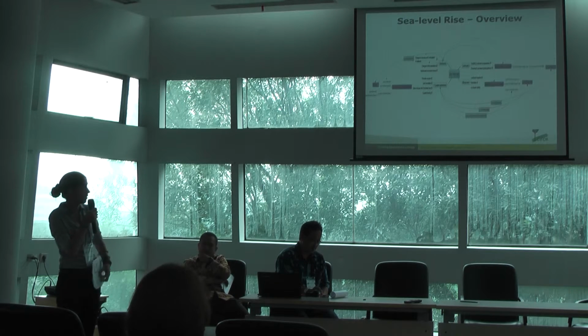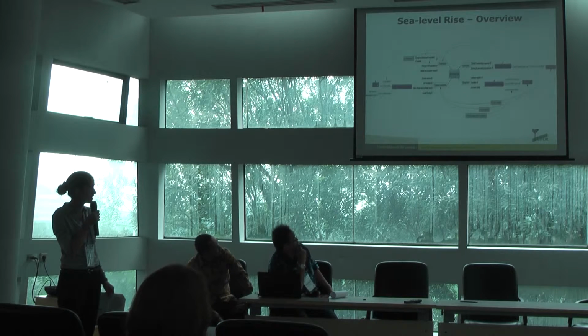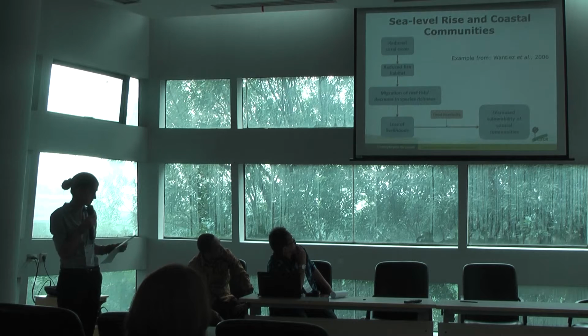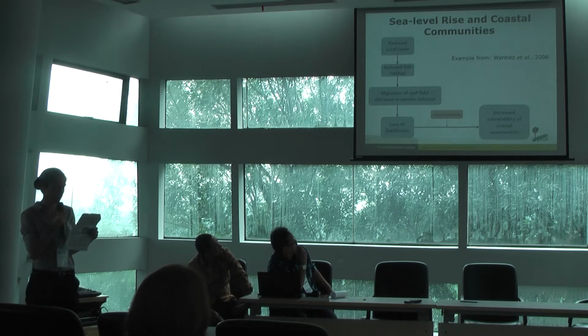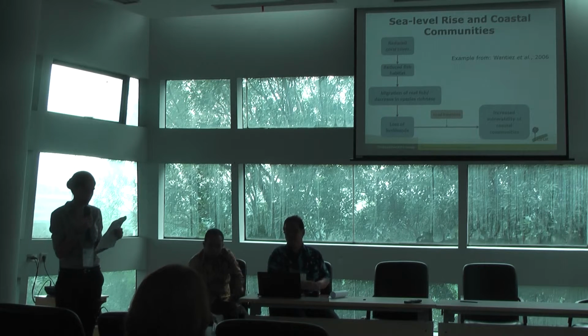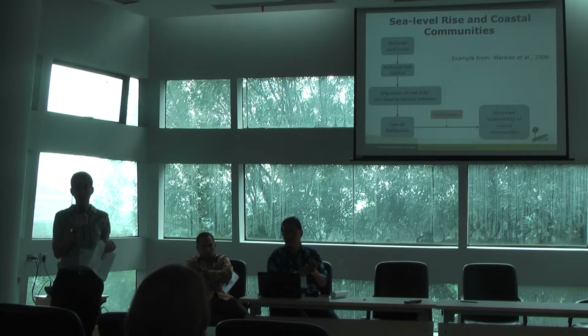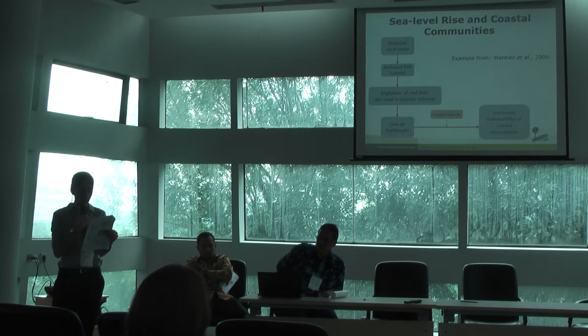Here again, we're going to continue with sea level rise in coastal communities. So this is another example to show how livelihoods are lost. Due to reduced coral cover, there is a reduced habitat for the fish that live within the corals.